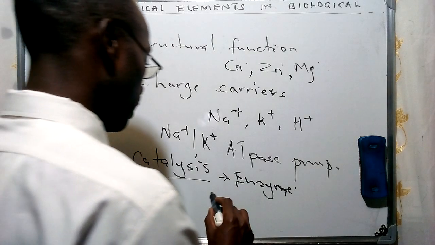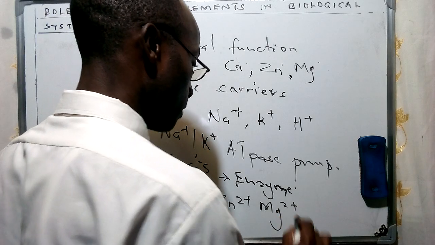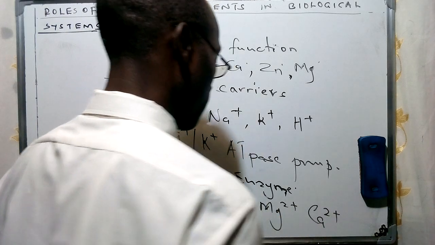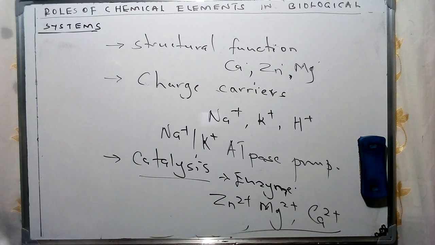Now, we mentioned a few examples which are involved for this process of catalysis to be taking place. I gave a range of ions which include zinc, magnesium, and calcium.